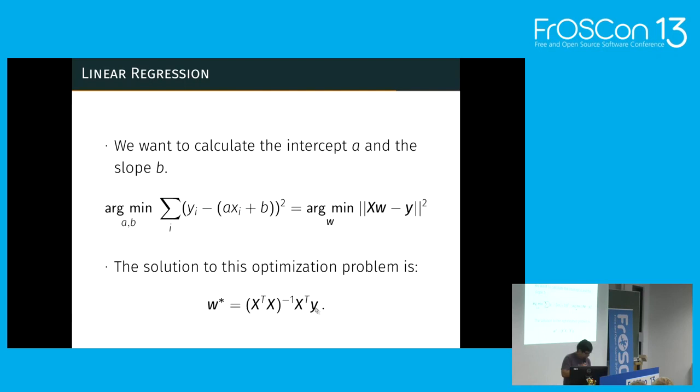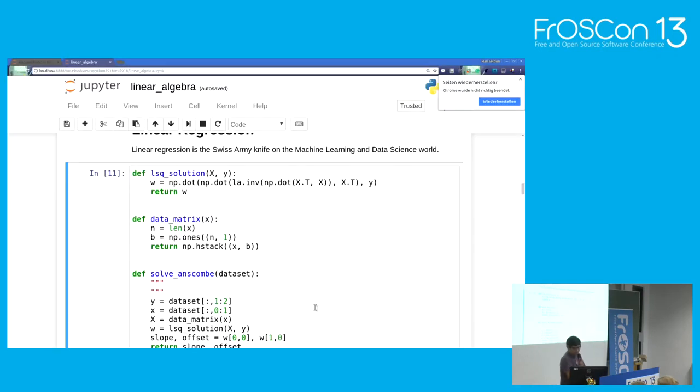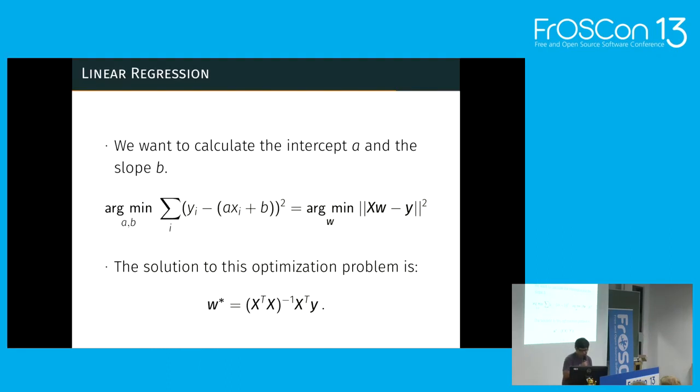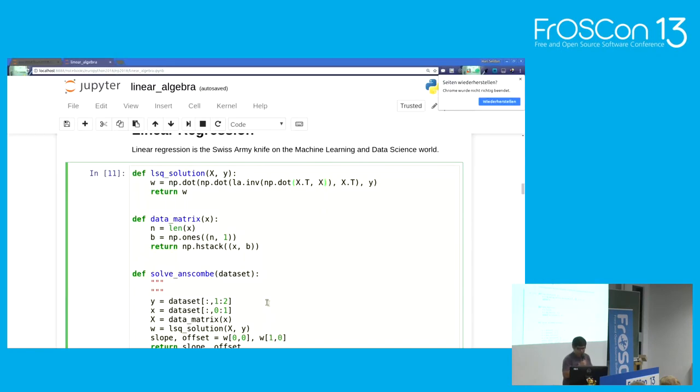It's not very clear, but if we go from here, we can see the transpose of this data multiplied by the data, and the rest, and we get the solution.